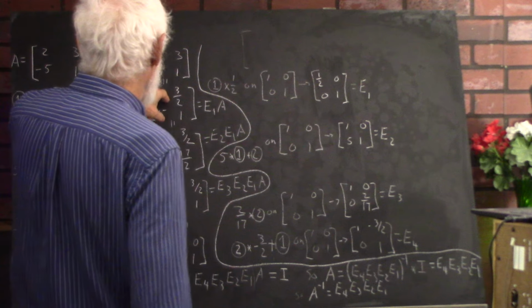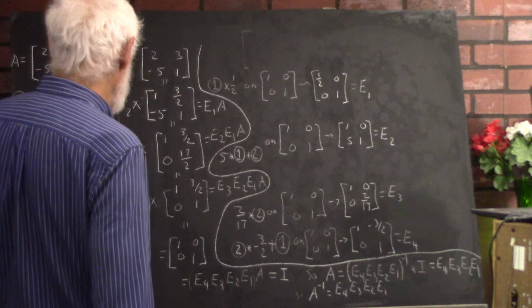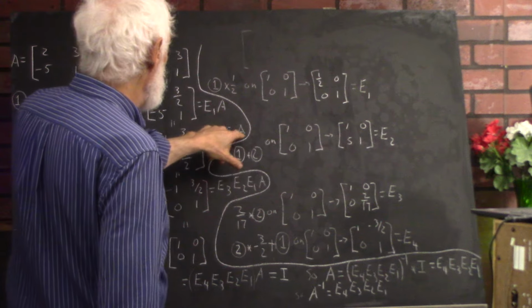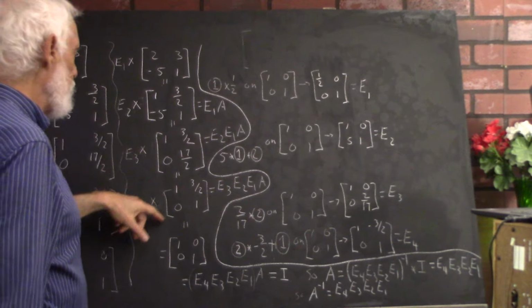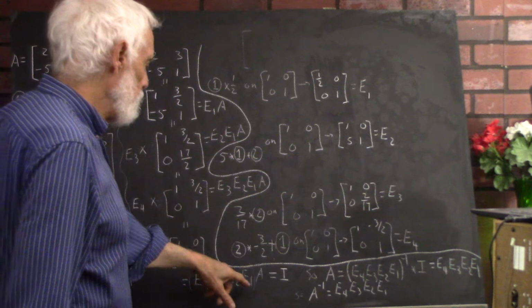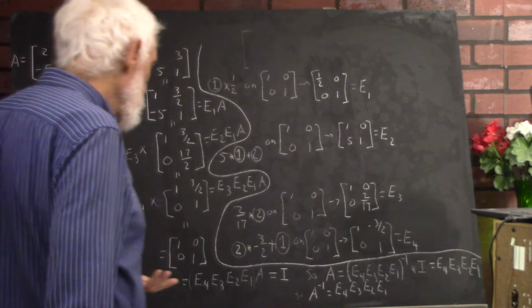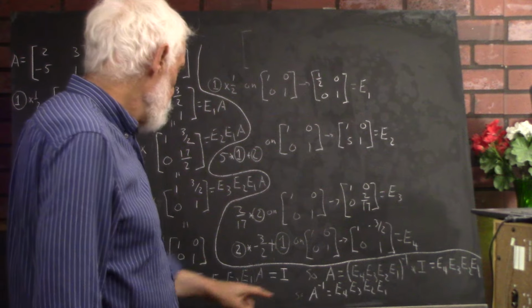And then E2 times this matrix equals this matrix, which is E2 times E1 times A. And then E3 times that, and so forth. And I end up with E4 times E3 times E2 times E1 times A.